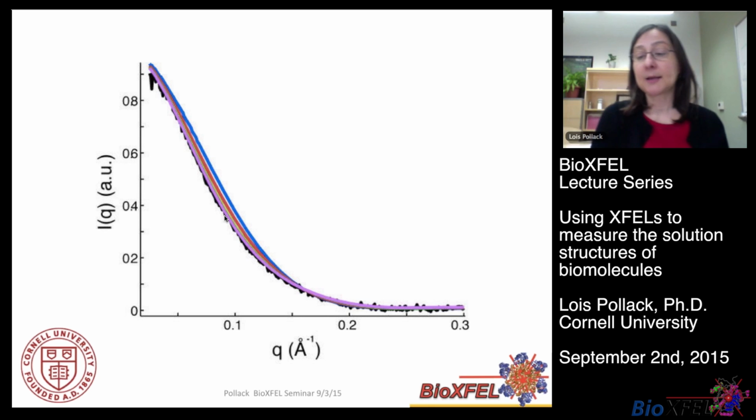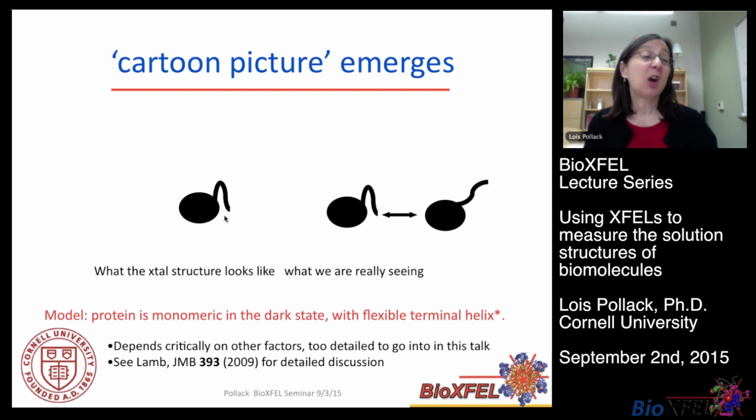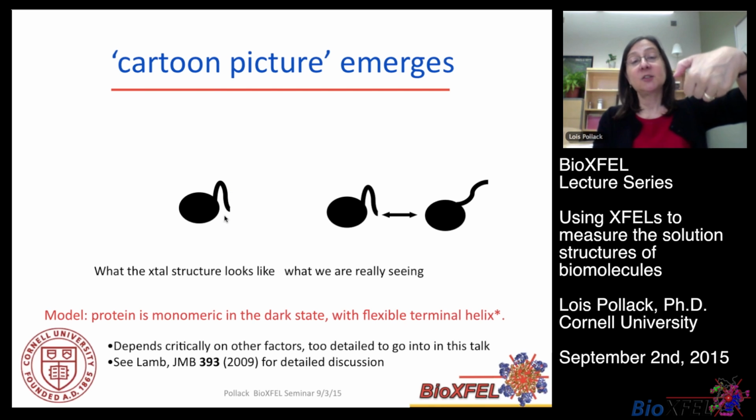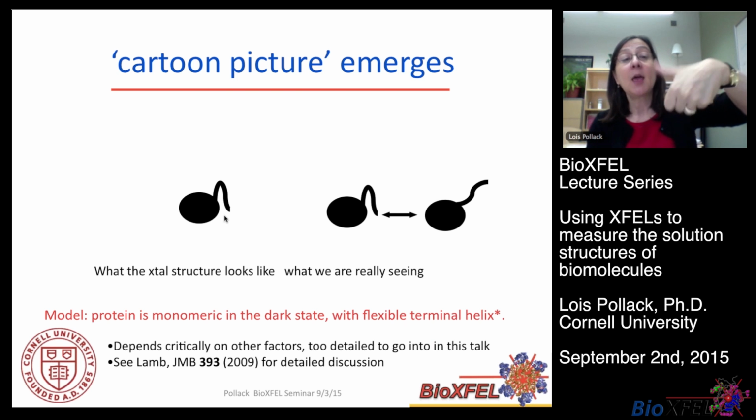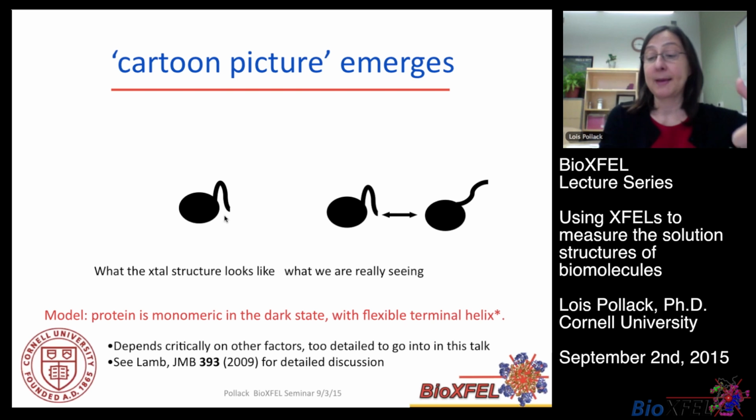So what that told us is that we could start building a very loose structural model. The crystal structure looks something like this, but what we're really seeing is flexibility of that terminal helix. This alpha helix on the end can really be moving around quite a bit.